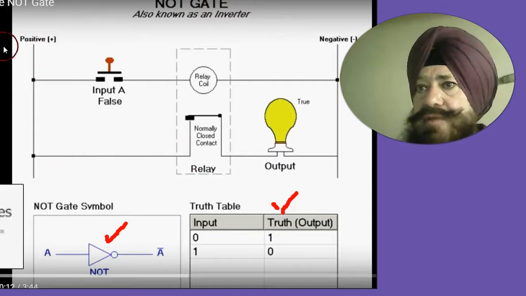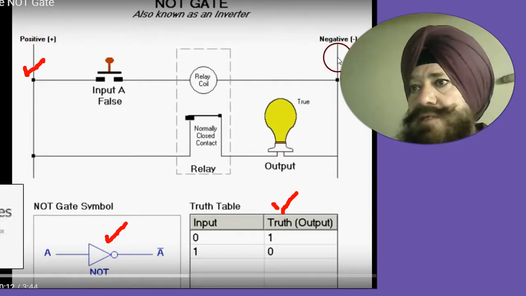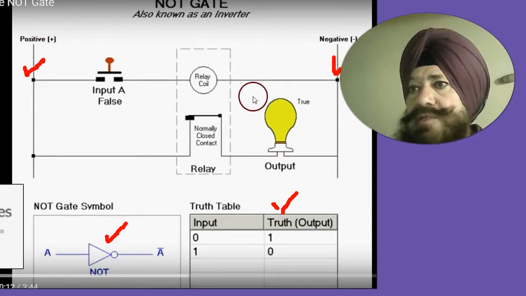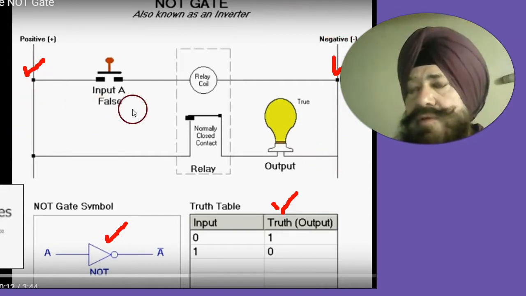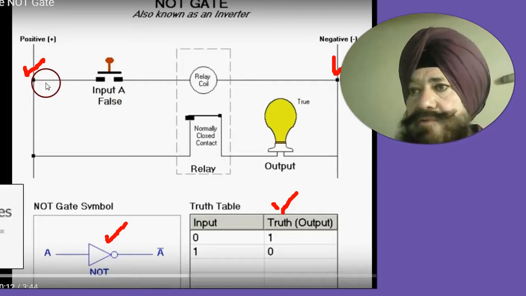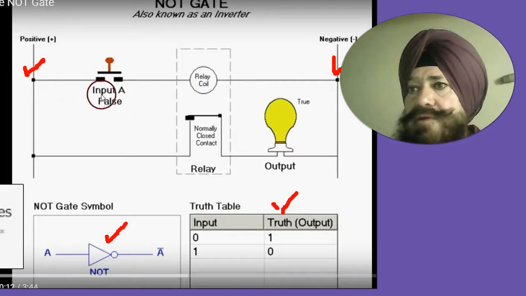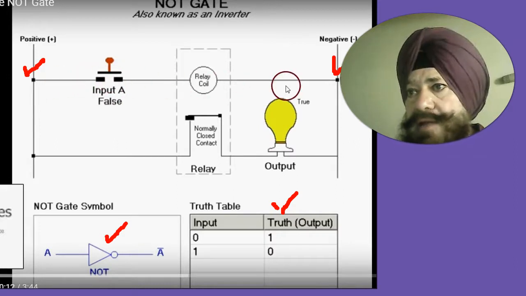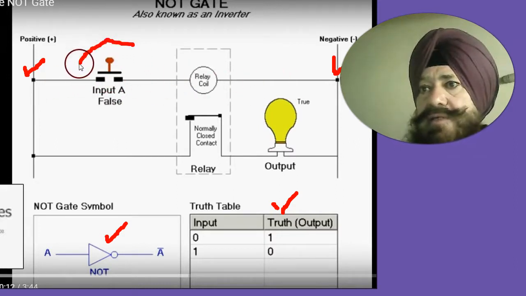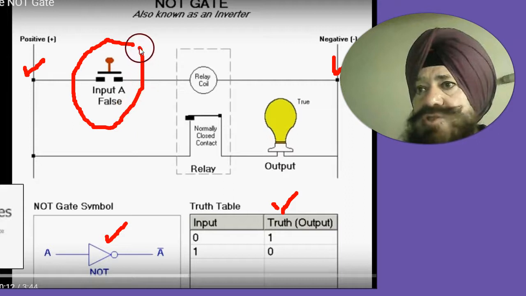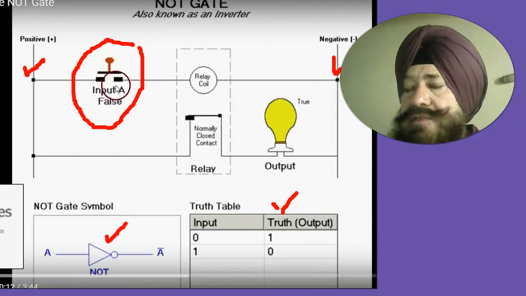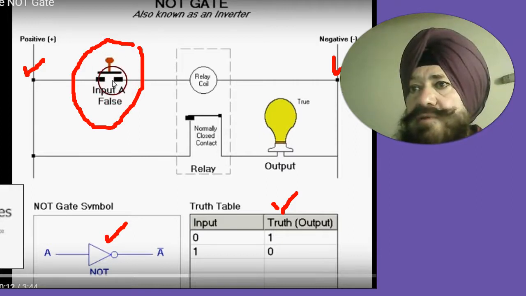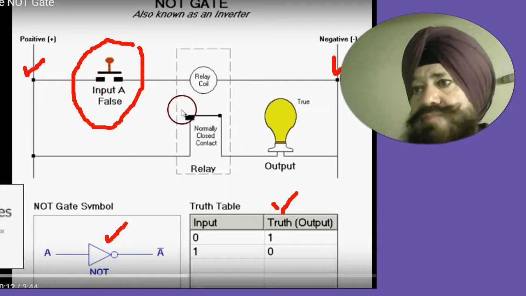So this is a line of high voltage, and this is a line of low voltage. Between the high line and the low line, there are two further lines. In this line there is a manual switch that can be made on or off, you can push or pull the switch.